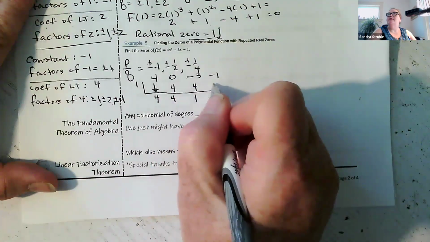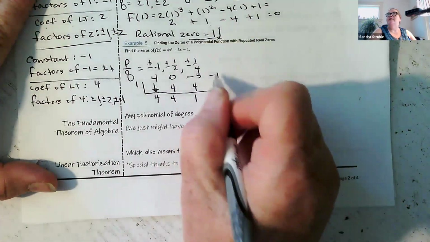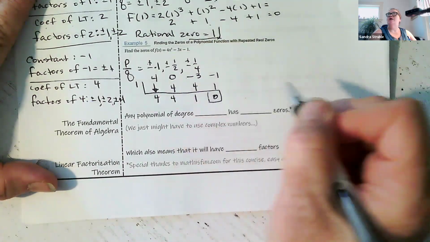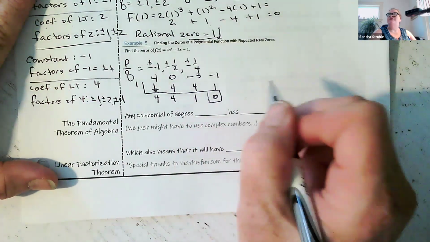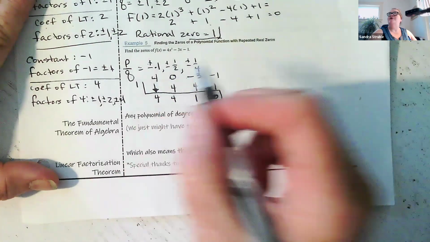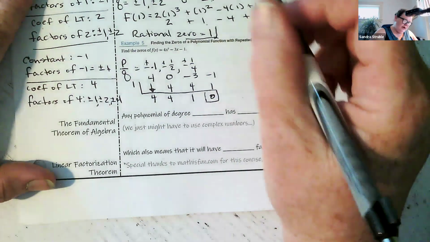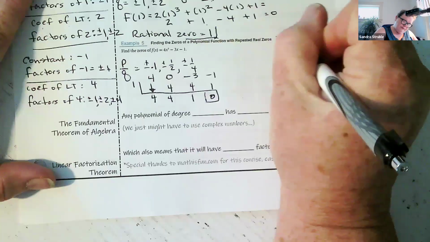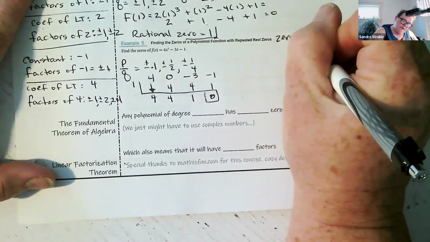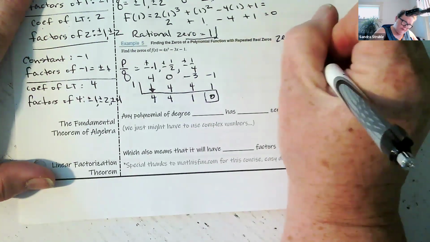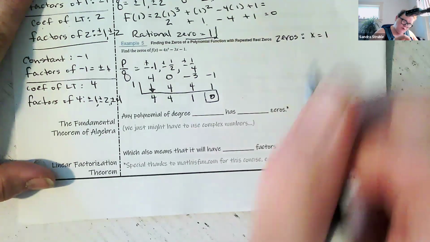And 1 times 1 is 1. And that's 0. So sweet. That's freaking awesome. So we now know that one of our zeros is 1. X equals 1. There's 1.